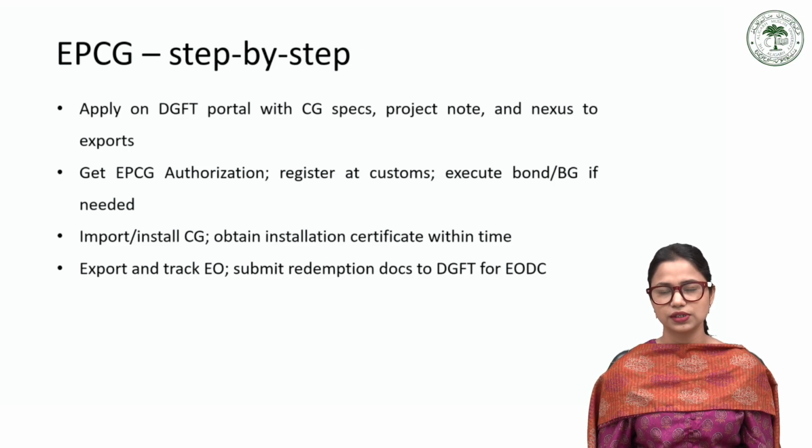Once the capital good is imported, it needs to be installed immediately or within the time frame specified by the DGFT. The installation requires obtaining the installation certificate as well, because it would need to be furnished to the DGFT in the future before the closing of case, and then only the export obligation discharge certificate will be provided by the DGFT.